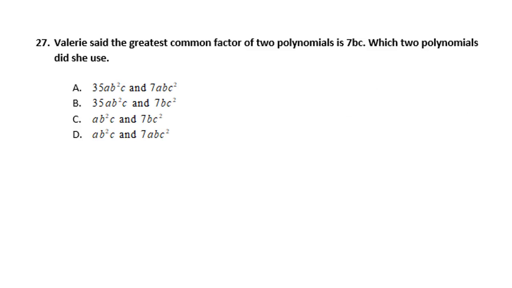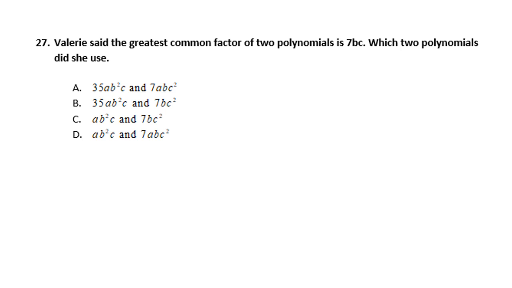Number 27. Valerie said the greatest common factor of two polynomials is 7bc. Which two polynomials did she use? A. 35ab squared c and 7ab c squared.